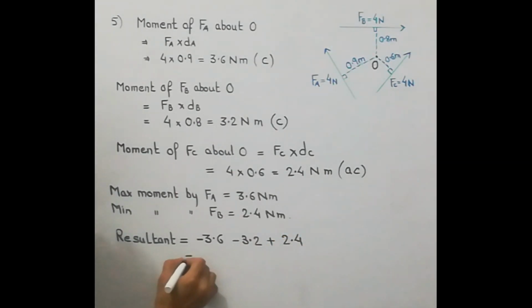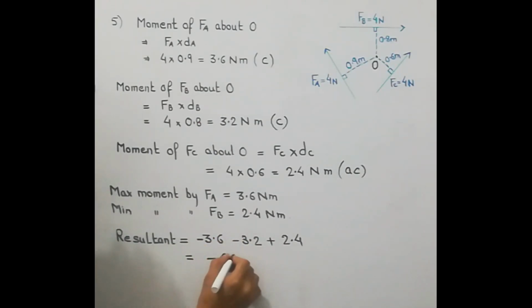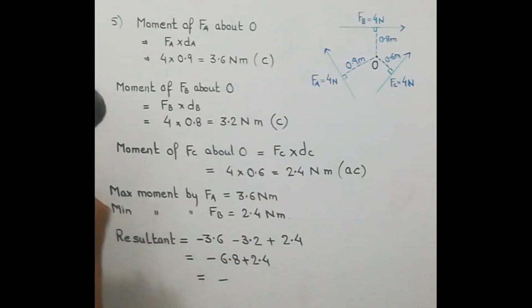So what will be the resultant? Minus 6.8 plus 2.4, so that makes it minus 4.4 Newton meter. So this will be the resultant.